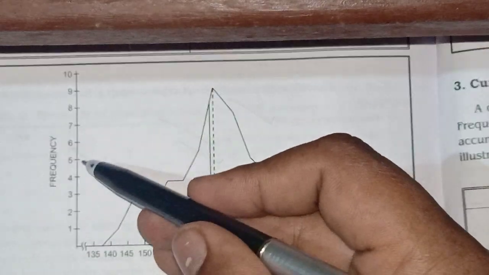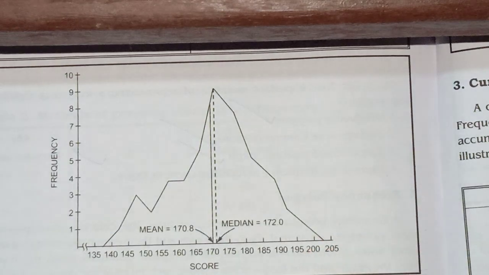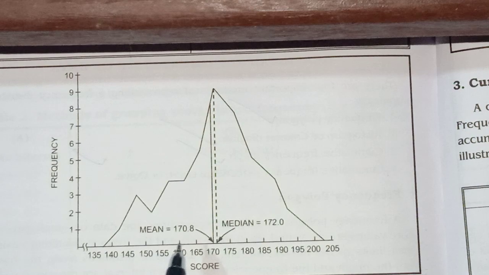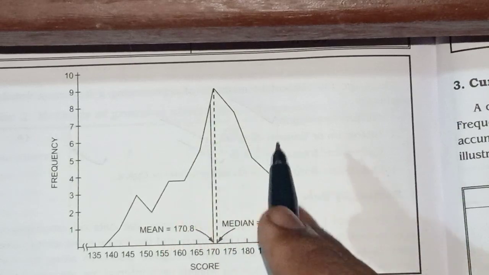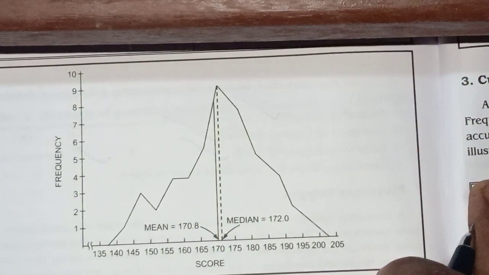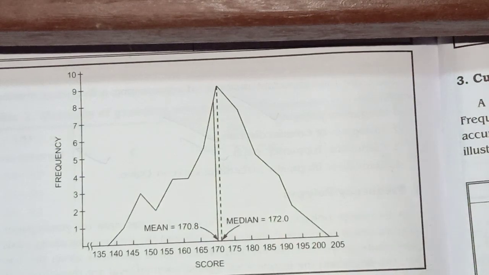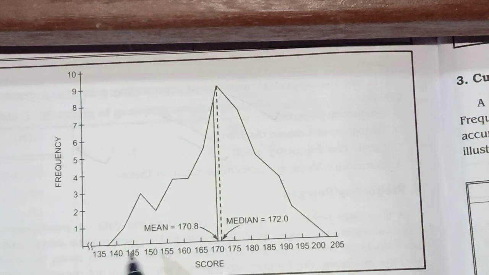This is the frequency, the number of students, and this is their score. Like this it will grow, and like this it will fall according to the numbers they scored. Here 1 student, 2 students, 3 students, 4 students, and here the score.